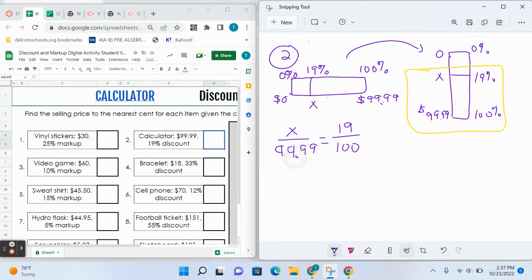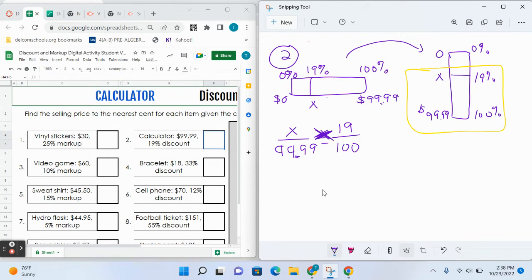I'm just going to do the butterfly. I know that 19 times 99.99 must equal X times 100. If you notice that these fractions are really close together, the denominators are really close together, maybe that could help you realize that the numerators would have to be really close together.